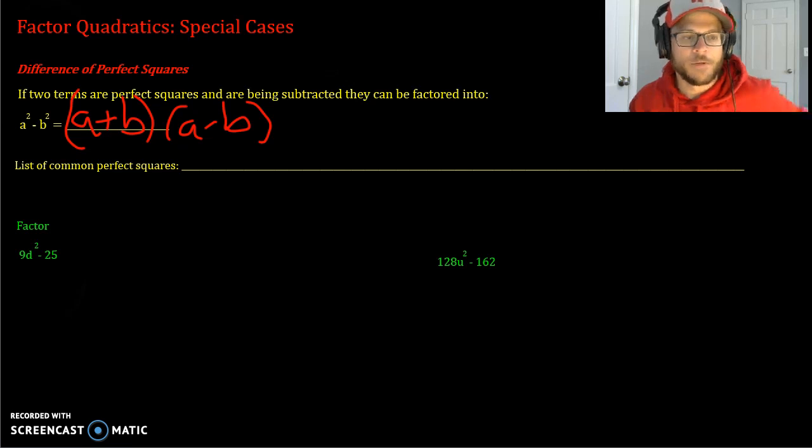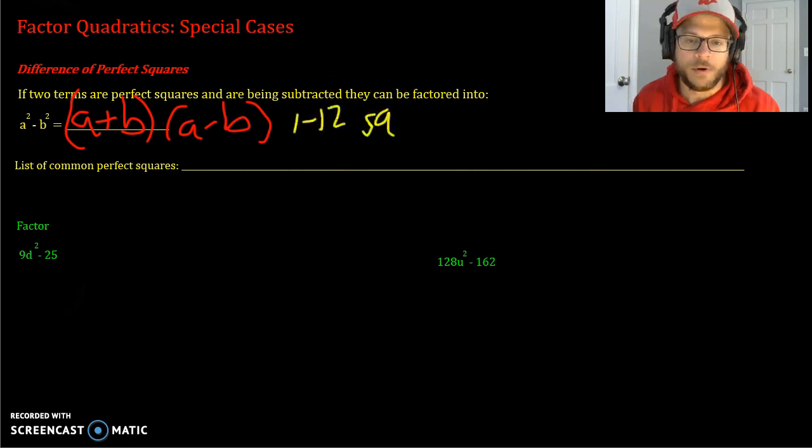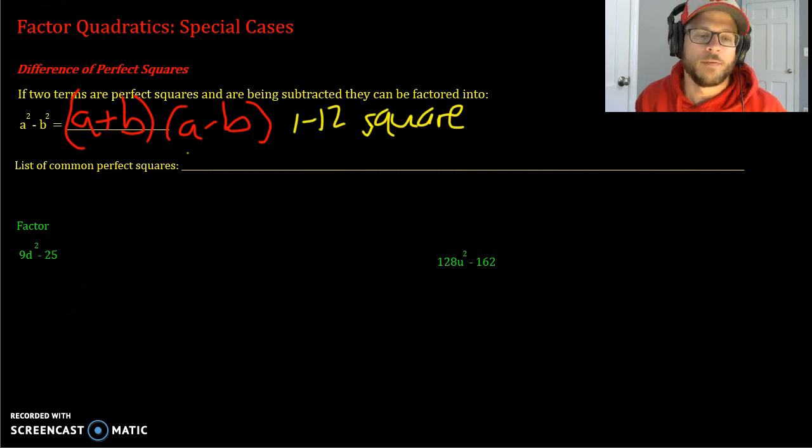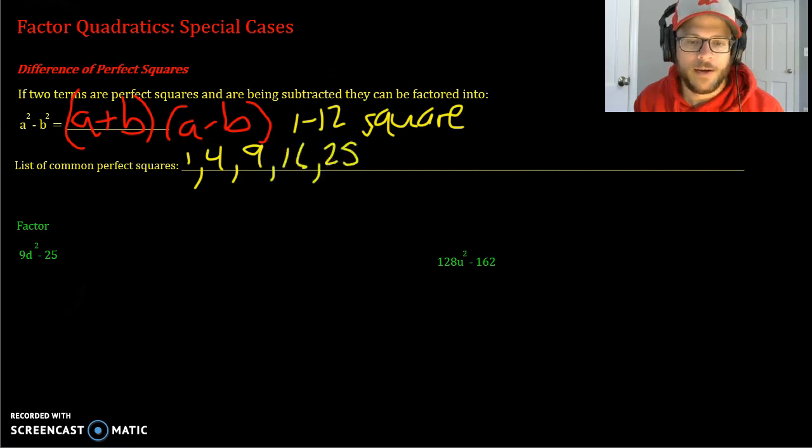So some common perfect squares that you need to be familiar with are 1 through 12 squared, where you multiply each number by itself. So obviously 1 squared is 1. 2 times 2, 4. 3 times 3, 9. 16, 25, 36.